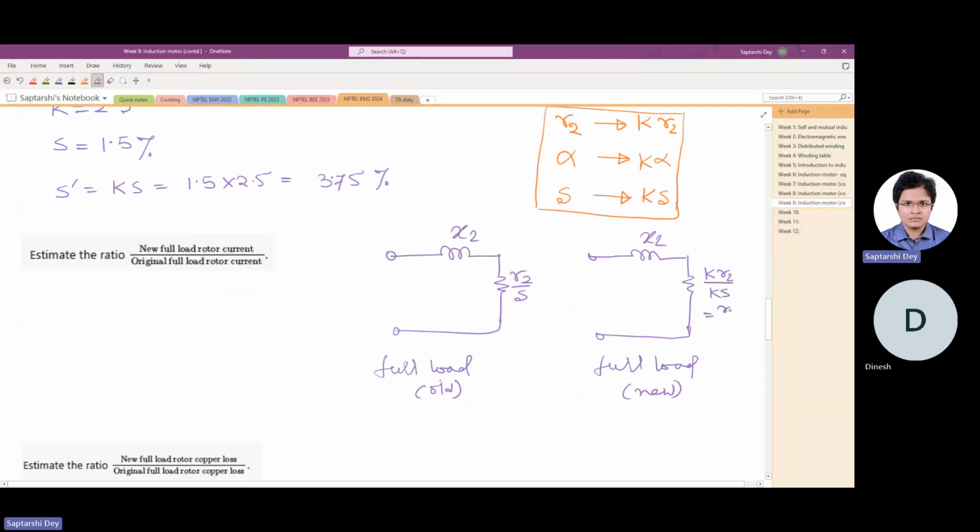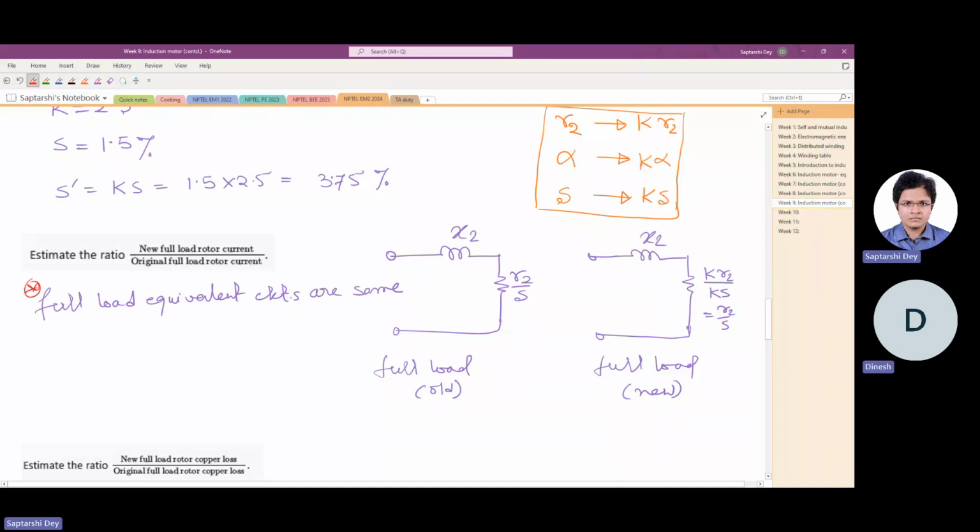So it becomes R2 by S. So the circuits are the same. What we are seeing is that the full load equivalent circuits are the same. So this can be one takeaway from this problem.